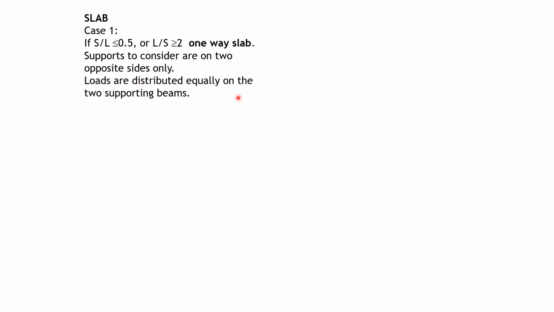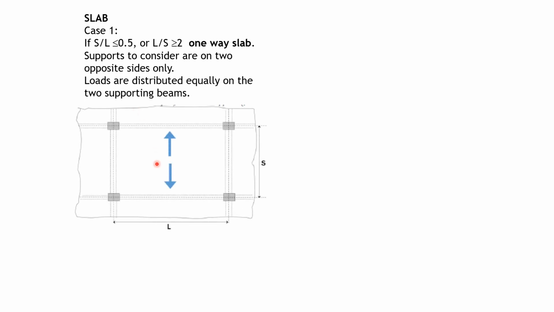Loads are distributed equally on the supporting beams. So remember how to transmit the loads for supporting beams. So uniform rectangular loadings, well, that would be the result for one-way slab. And for instance, this floor here, the load should be transmitted on that side and on this side equally.